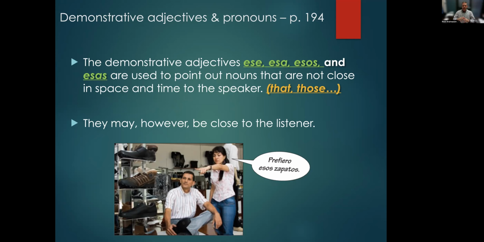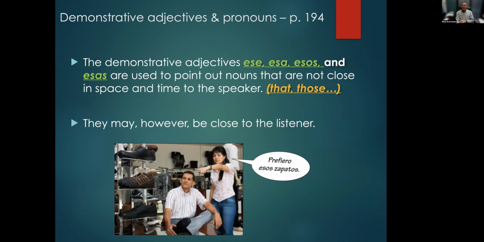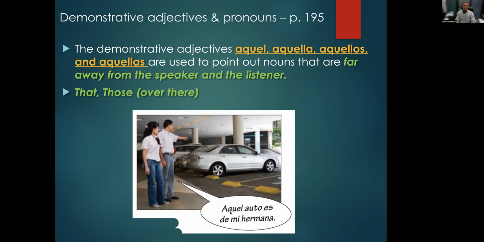We're not talking about the listener's point of perspective here. So here the wife says, prefiero esos zapatos. So he said, me gustan estos, the ones right here. She says, prefiero esos. I like the ones that are right over there. So she's talking about the ones that are not there with them in time or in space.